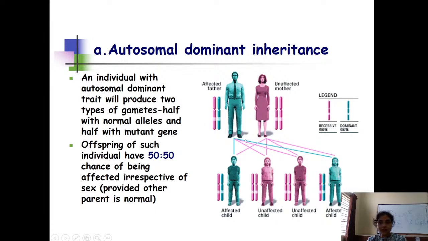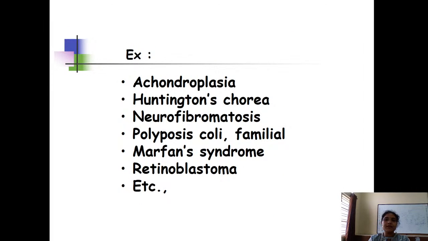So in such an autosomal dominant inheritance, the offspring will show 50-50 chance of having the disease, provided the other parent is normal. I hope you all understood this.